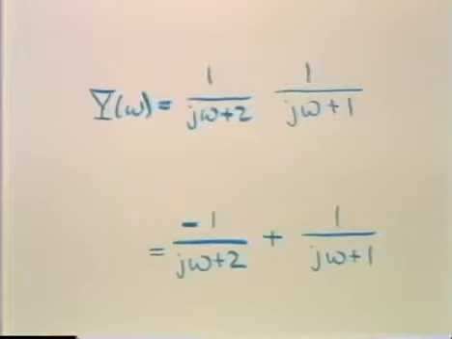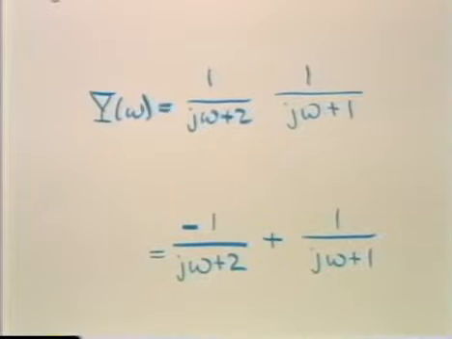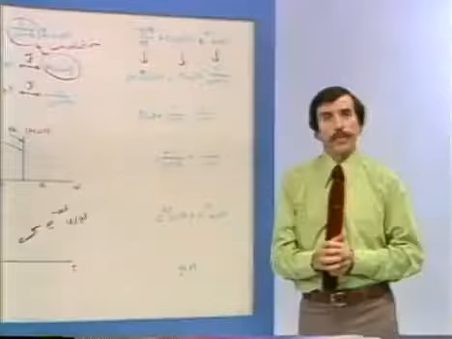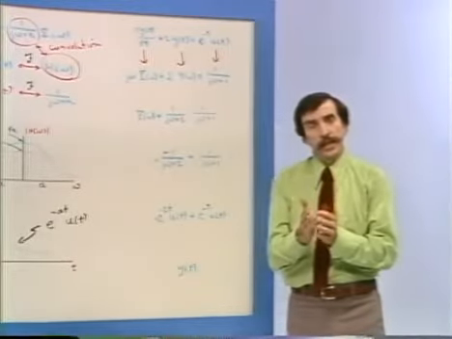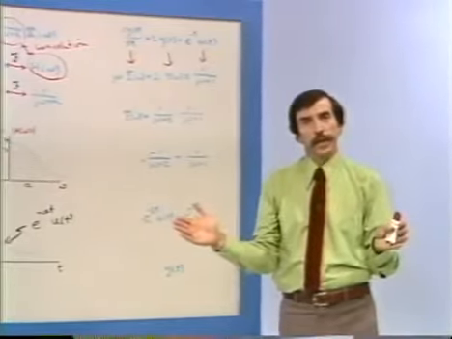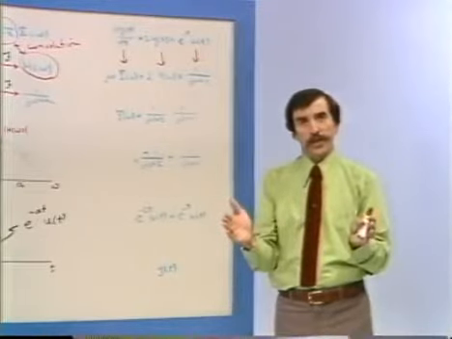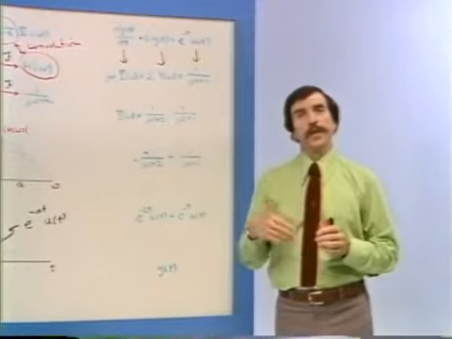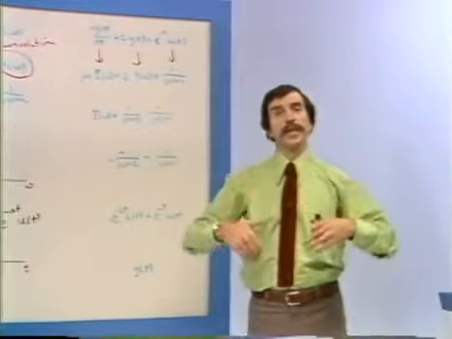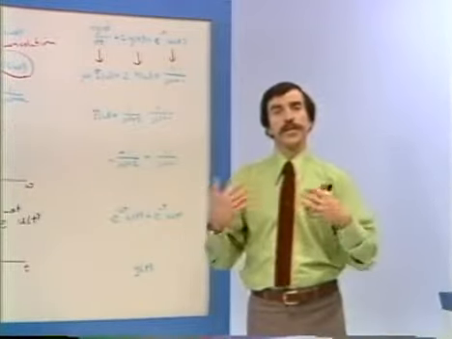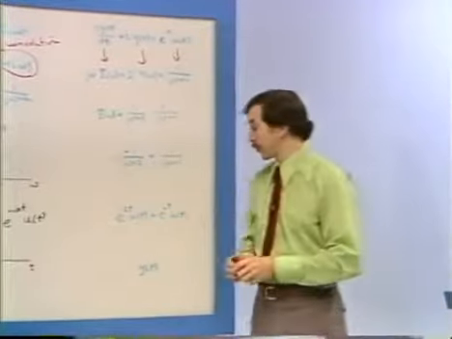What we have is a Fourier transform which is a product of two terms, each of which we can recognize. And what we can consider doing is expanding that out in a partial fraction expansion, namely as a sum of terms. Because of the linearity property associated with the Fourier transform, the inverse transform is then the sum of the inverse transform of each of those terms.